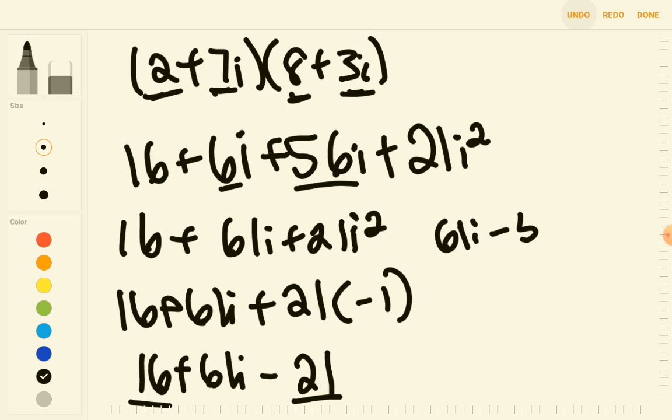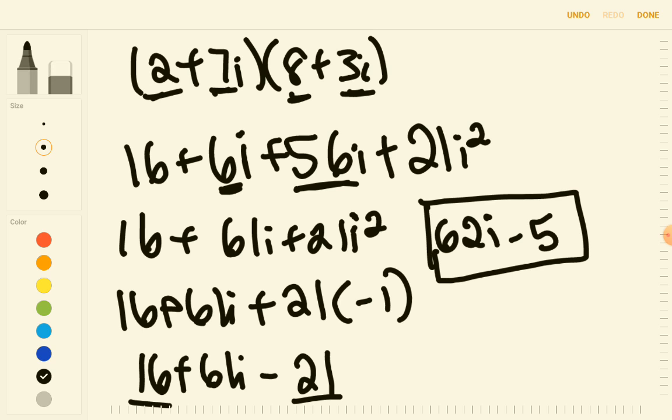Oh, sorry, this would be 62, because 6 plus 56 would be 62. 62i minus 5, which gives us our answer. That means this over here would be 62, this would be 62, and this would be 62 as well.